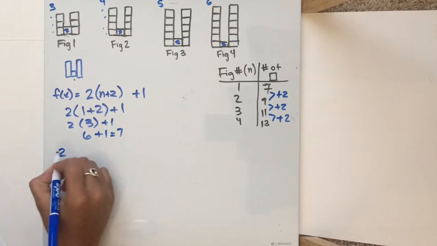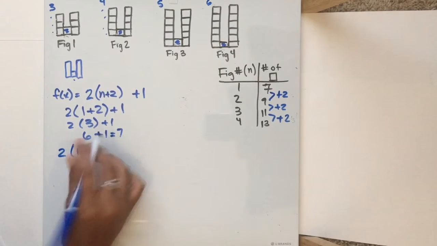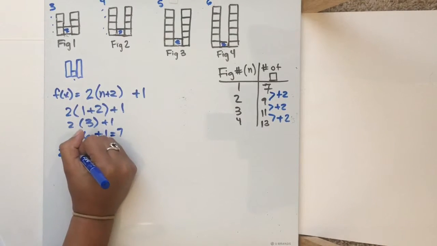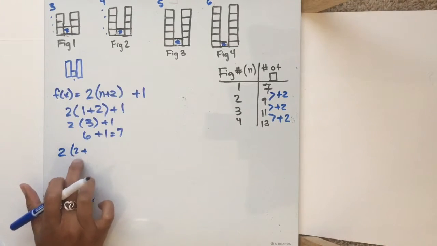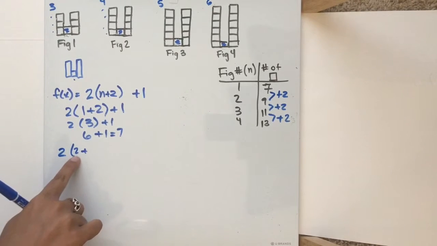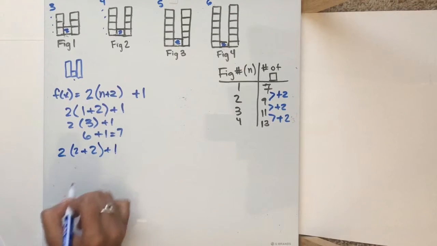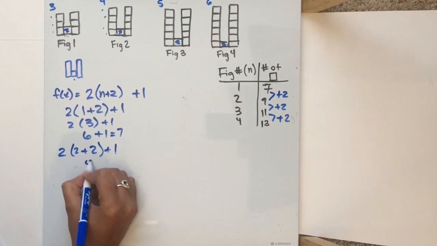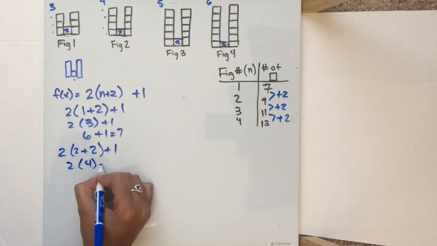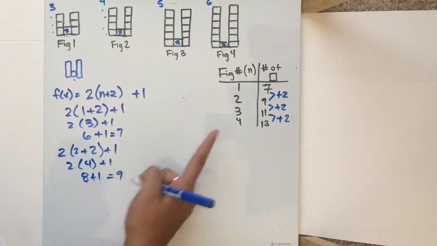I'm going to do it for the rest of them just to make sure it is correct for each figure. Figure 2: there's our 2 for the n, 2 plus 2 plus the 1. 2 plus 2 is 4, multiplied by 2 is 8, plus 1 equals 9.